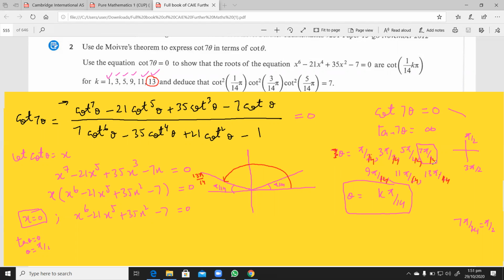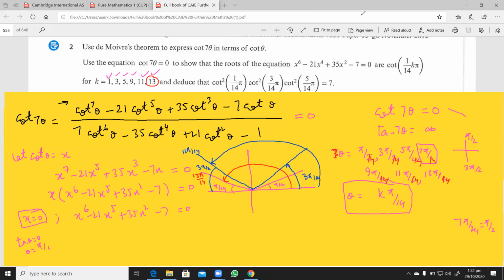So the next one, now this is your 3 pi by 14. When I write the same one here as 3 pi by 14, you see all of this angle is going to be 11 pi by 14.